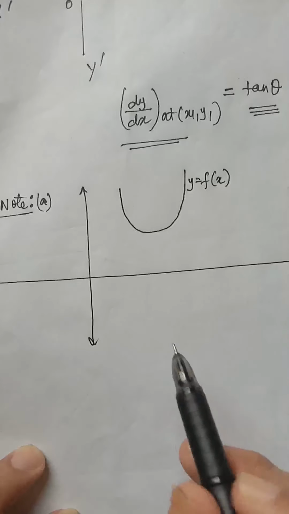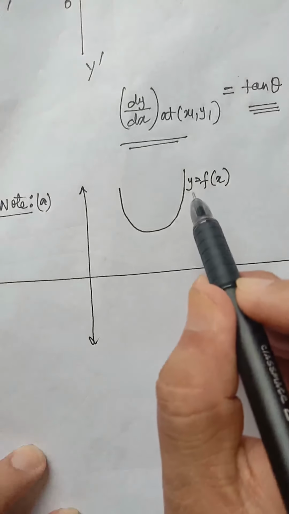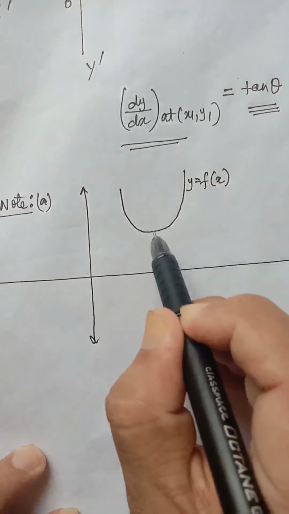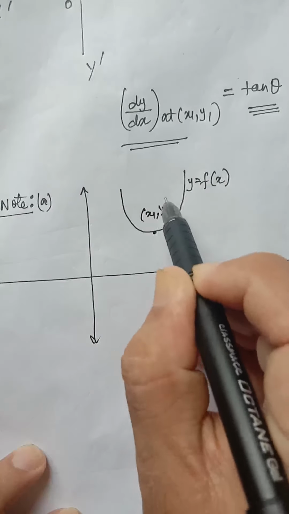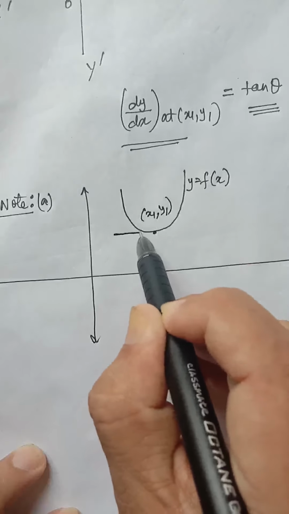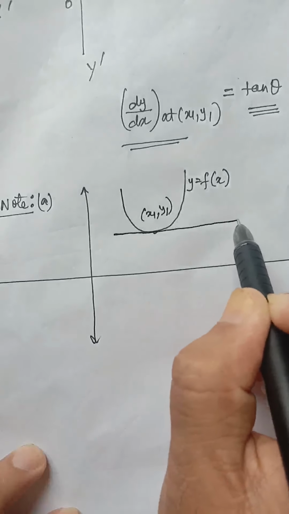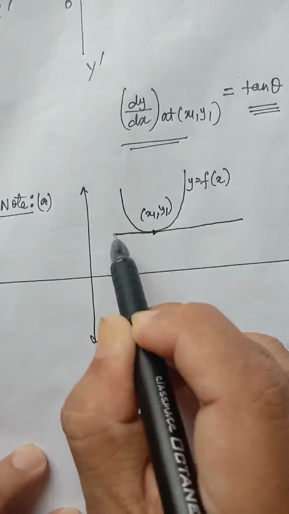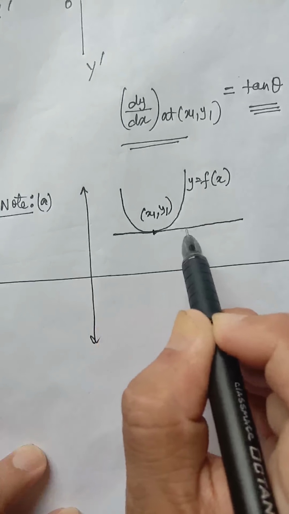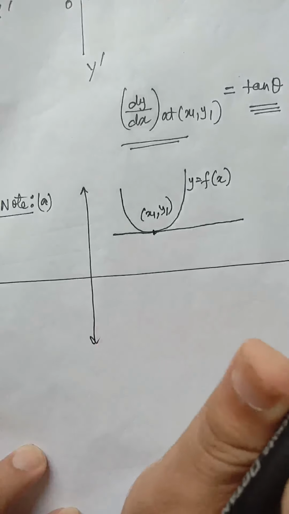This is another important note. Suppose y = f(x) is any given curve, and suppose at the point (x1, y1) on the curve, the tangent to the curve is parallel to the x-axis.